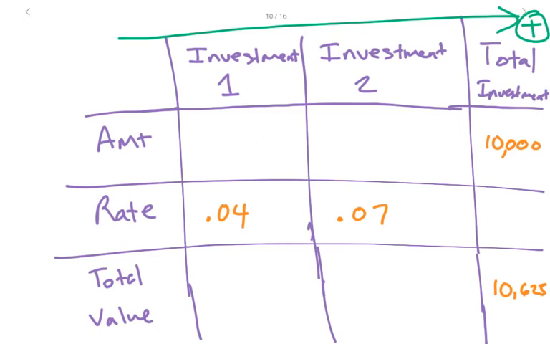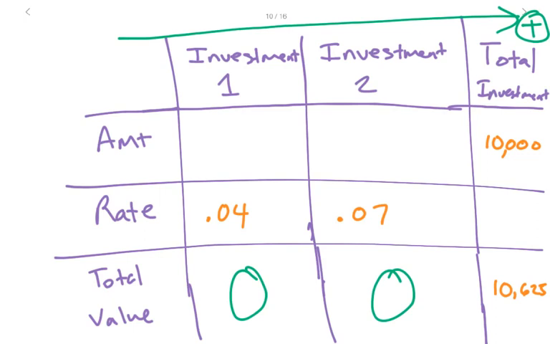So it makes sense that we add across. Same thing with the total value. If I multiplied what I made off of the first one and put it here, and then the second one and put it here, and then added them together, that would give me the total amount of money that I made off of them, right?